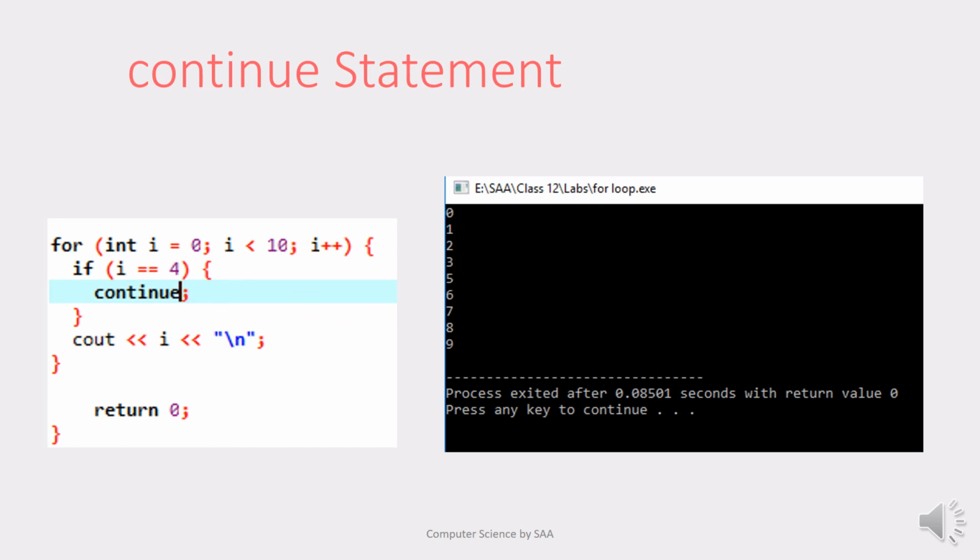When the value of i becomes 4, it took the control from here back to the beginning of the loop. So, instead of completely terminating the body, it will only skip the value 4. So, you can see the output 0, 1, 2, 3, then 4 is skipped, then 5, 6, 7, 8, 9 is printed on the screen.